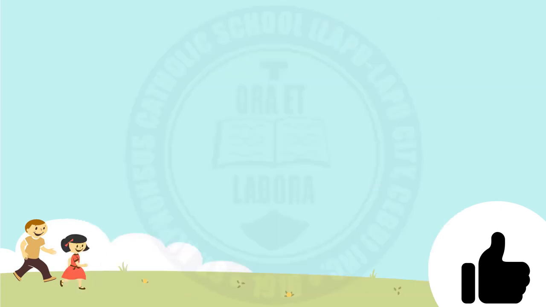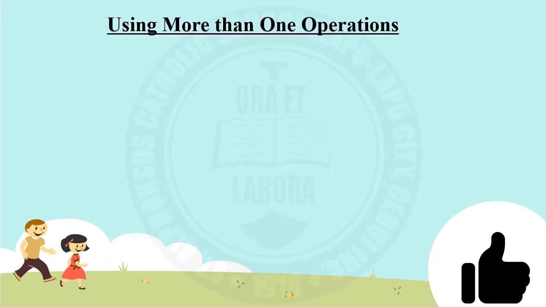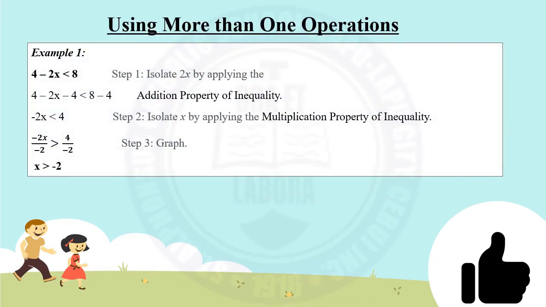Now, let's go on to using more than one operation. Example 1: 4 minus 2x less than 8. Step 1, we need to isolate -2x. So we add -4 to the left side so that 4 will be cancelled out.